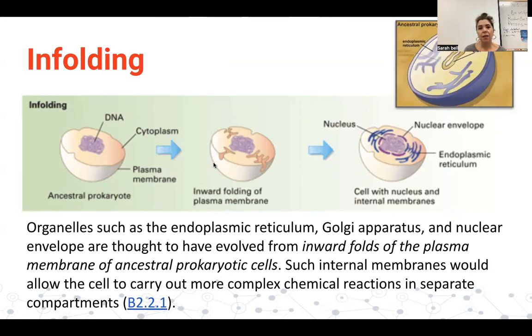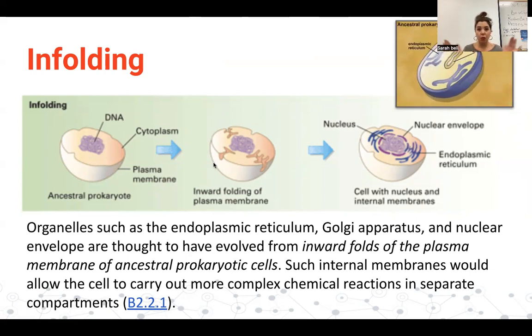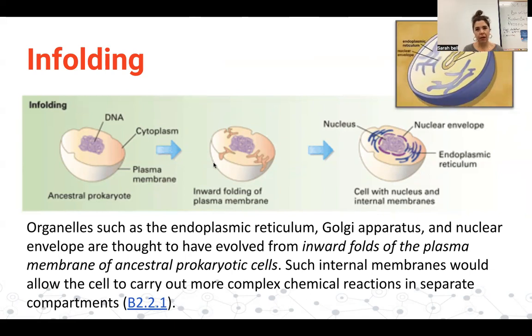Well, we think that the increase in surface area was the evolutionary benefit that made this a beneficial trait. If you think about it, if I add more folds, what I'm actually adding is more surface area.